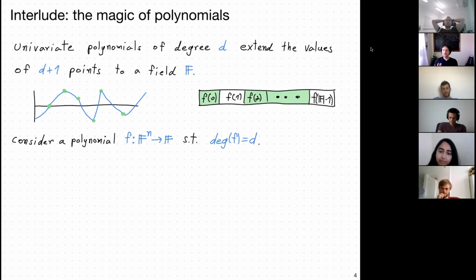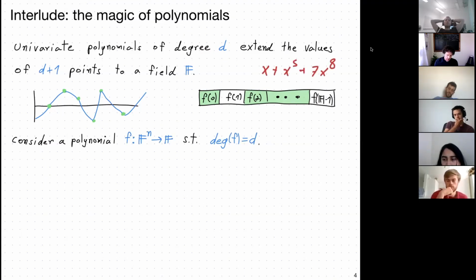And now we're trying to consider polynomials in higher dimensions. So now we just consider some function, and let's say of total degree d. And here something much more interesting is happening. But maybe before I say that, I just want to make one picture.